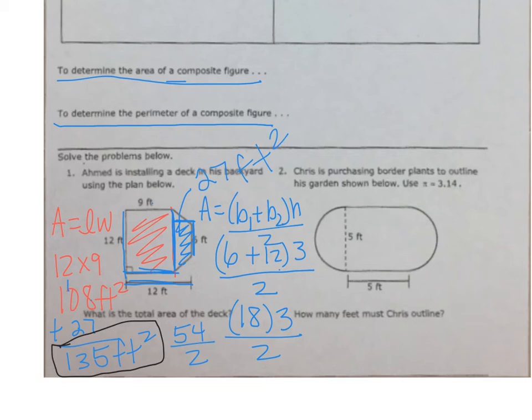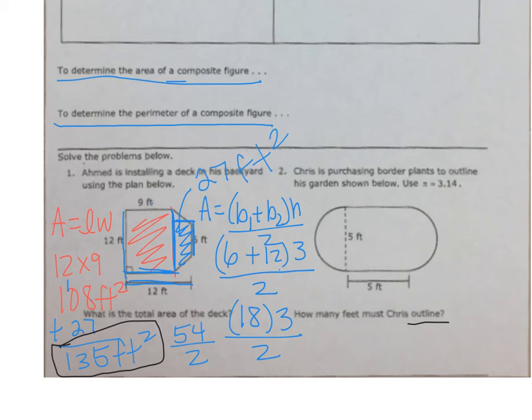Number 2, Chris is purchasing border plants to outline his garden. Okay, so what are we talking about when we're looking at outlining? Good. Yes, we're talking about the perimeter, correct? Okay.